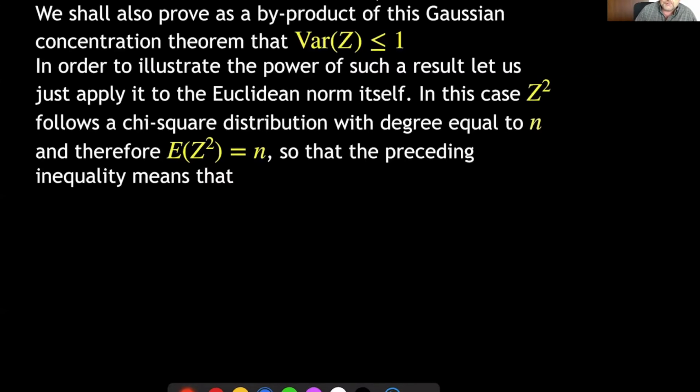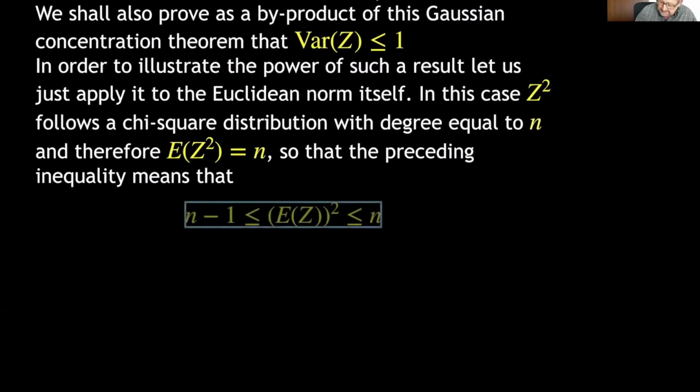So this means that the preceding inequality on the variance exactly means that the expectation of z squared is sandwiched between n, which is exactly the expectation of z square, and n minus 1.